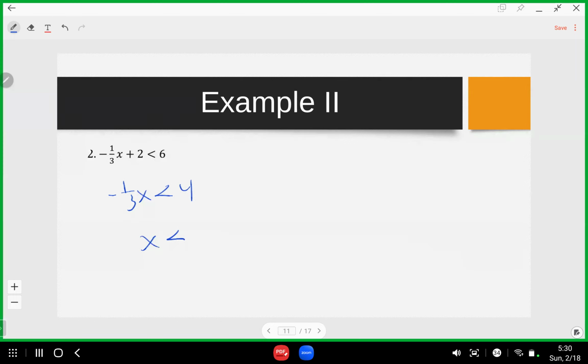You're multiplying by -3. You need -12. As you remember, you have to flip the sign. So now x is greater than -12, not less than, because when you multiply by a negative number, you have to flip the sign.